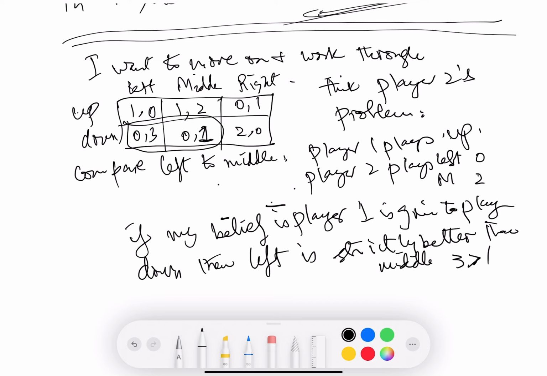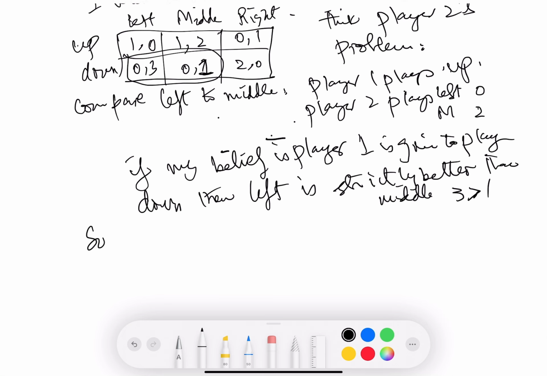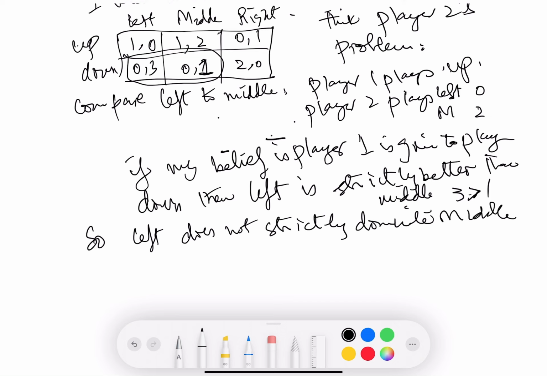If I believe player 1 is going to play up, middle is better than left. If I believe that player 1 is going to play down, then left is better than middle. So left does not strictly dominate middle, and vice versa.